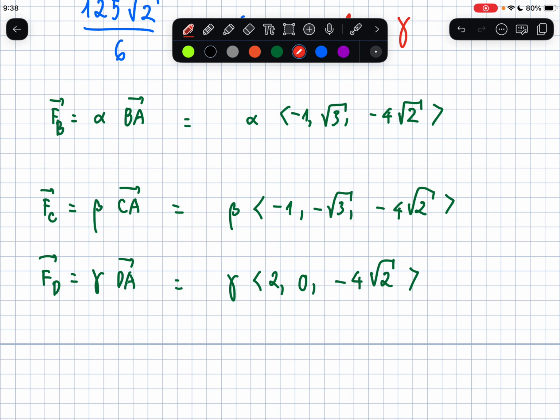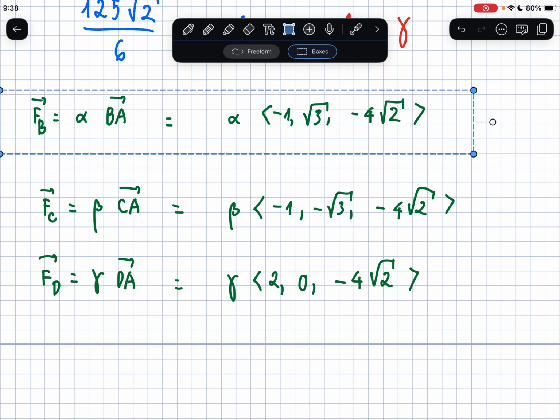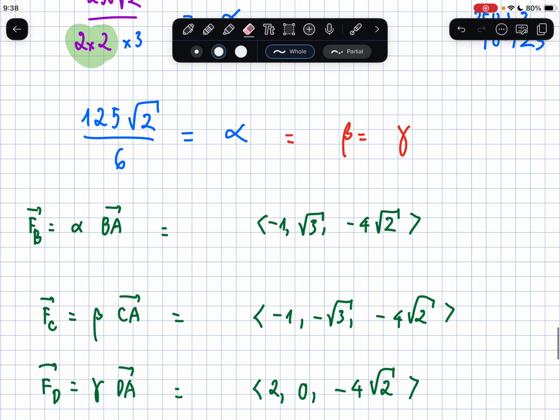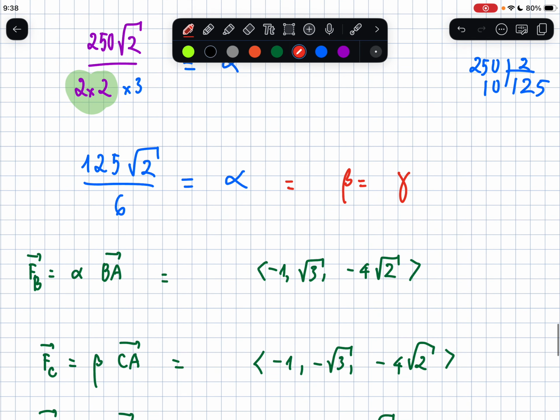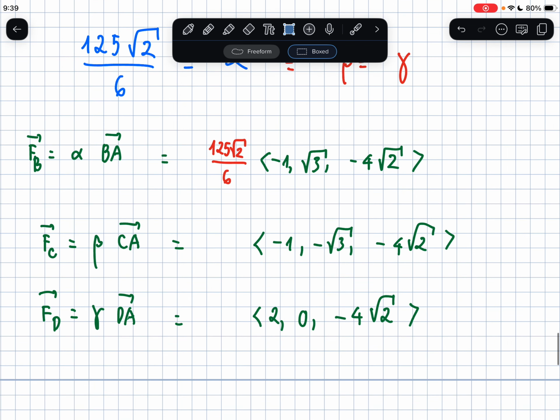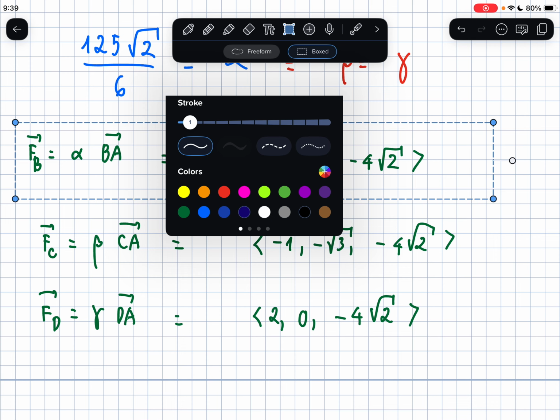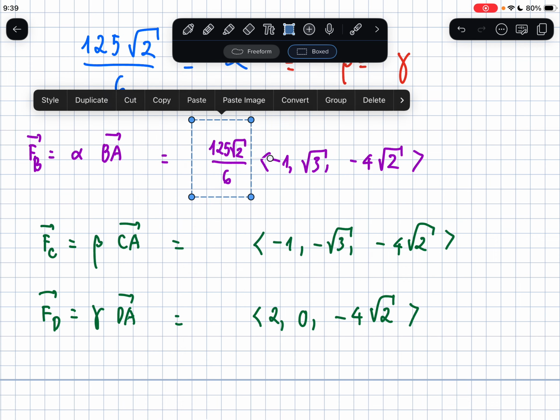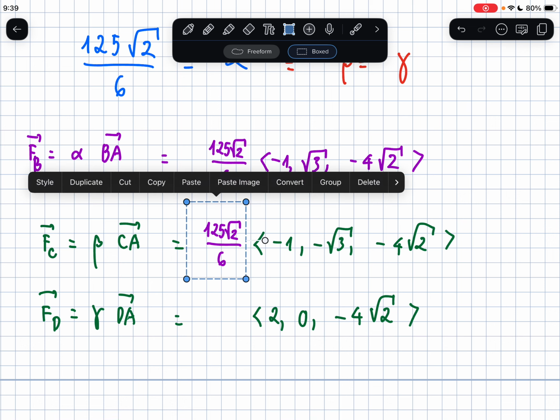So FB equals 125 root 2 over 6 multiplied by this. So this is our FB, and likewise FC and FD.